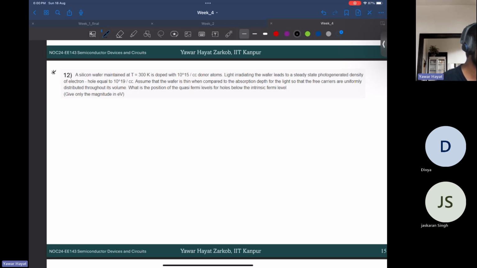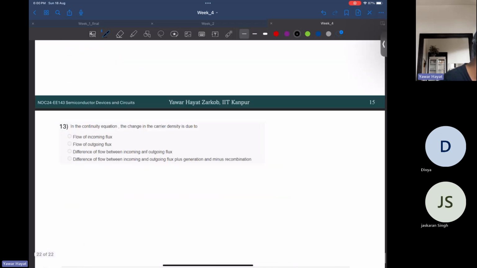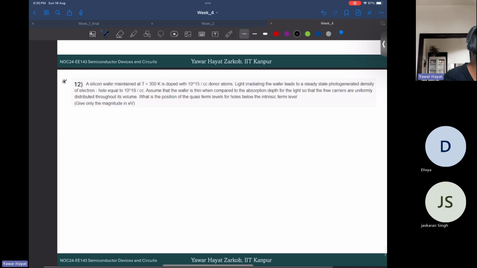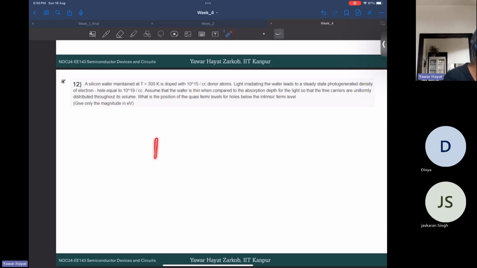Assume that the wafer is thin compared to the absorption depth for the light, so that the free carriers are uniformly distributed throughout the volume. What is the position of the quasi-Fermi level for electrons below the intrinsic Fermi level? You need to only give the magnitude in electron volt. So this is your assignment. Please try this out.